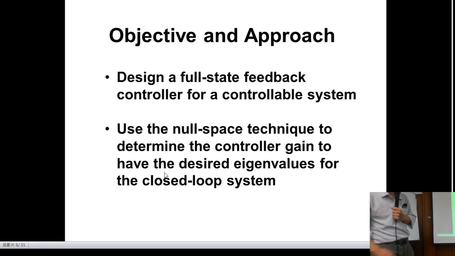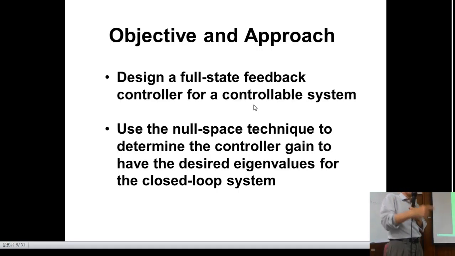Here we design a full state feedback controller for a controllable system. Now, what do we mean by a controllable system? I don't have a chance to discuss the controllable system. In this lecture, we all assume the system is controllable.